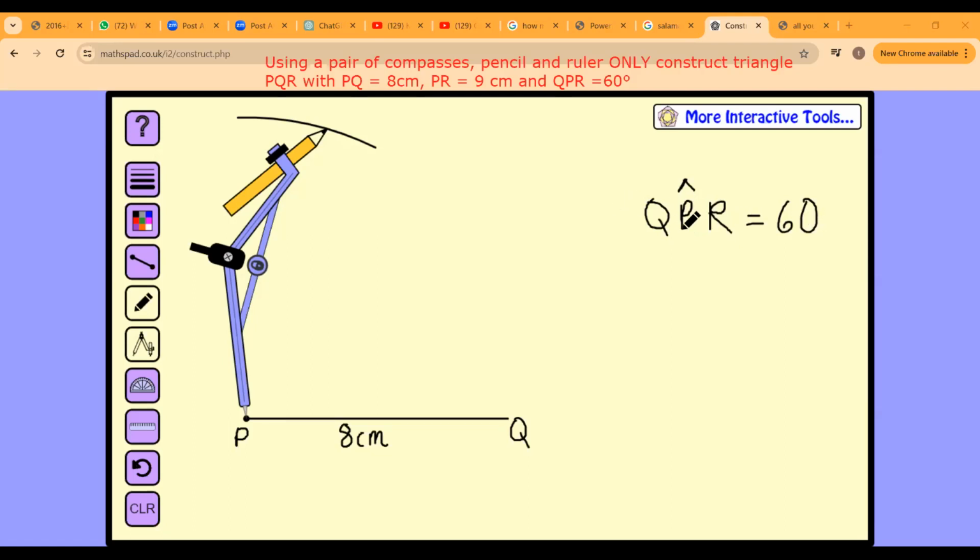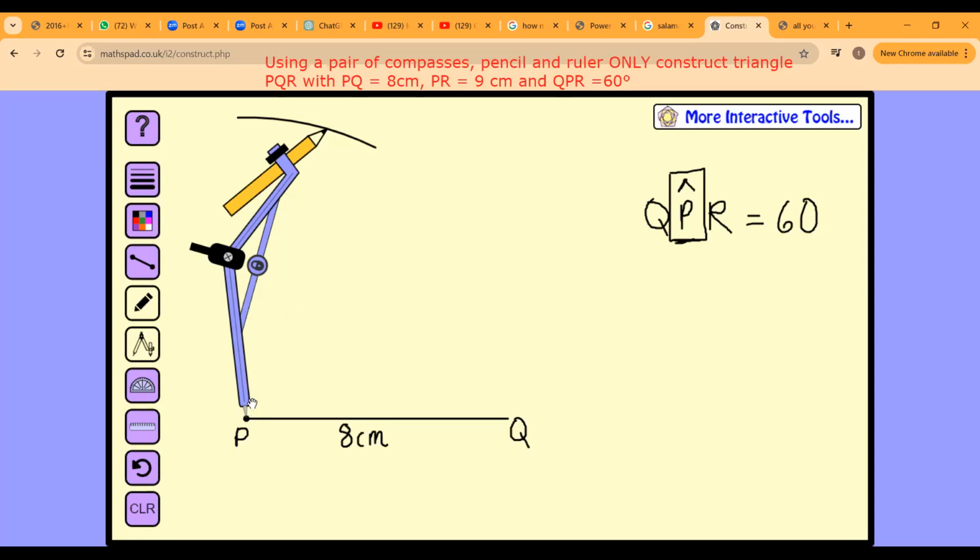So when they say QPR, you have to look at the angle in the middle. That's the one you're focusing on, and that's going to tell you how much angle P is going to be. The letter you're really interested in is the one in the middle. That's the one that's going to be 60 degrees.